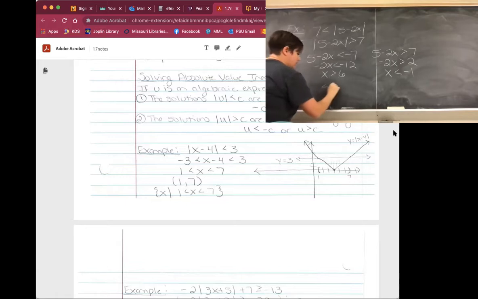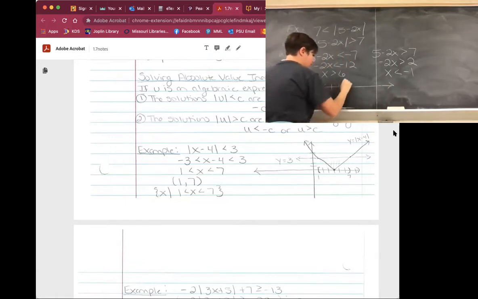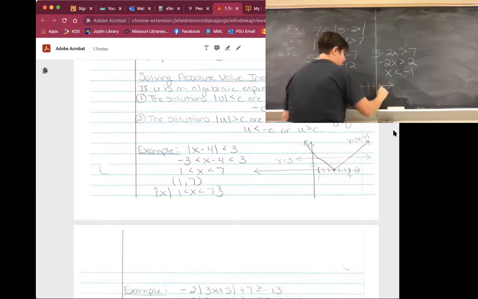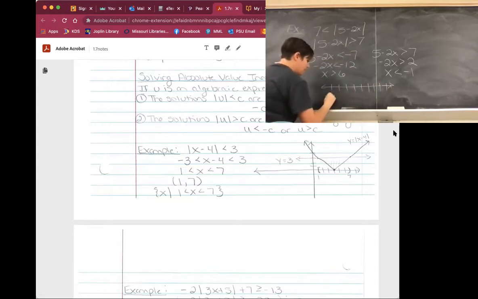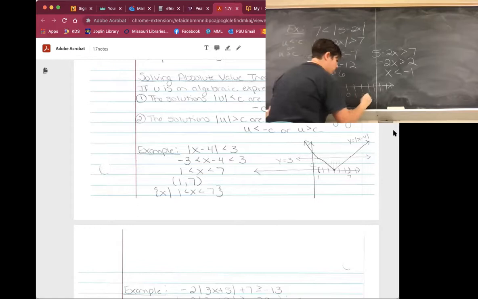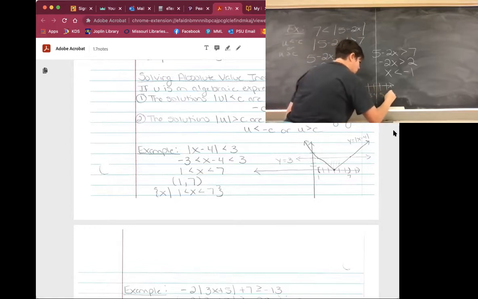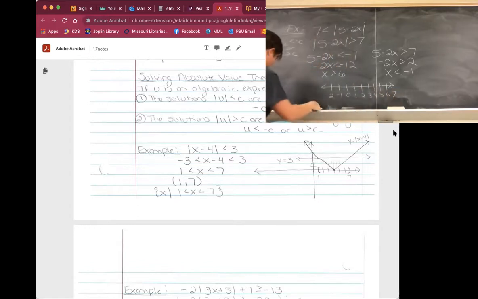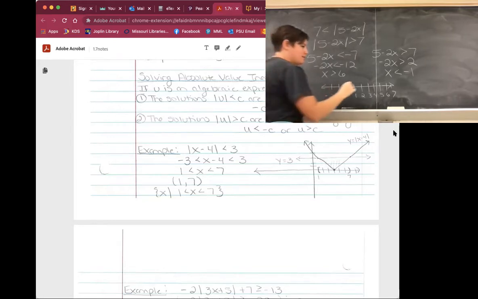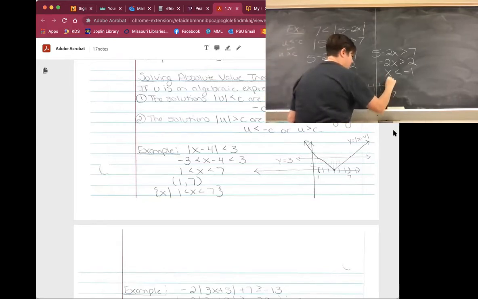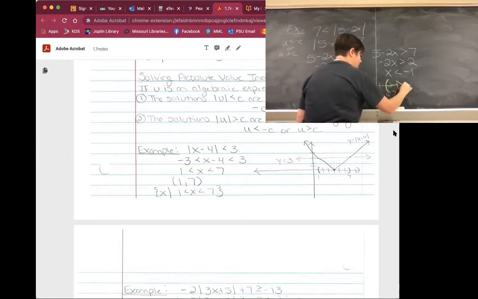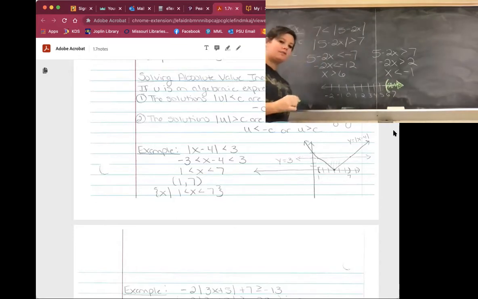So I want to show you this on the graph, just because we haven't really had one that does this. -2, -1, 0, 1, 2, 3, 4, 5, 6, 7. Okay. So we had x is greater than 6. So that means we have an open parenthesis, and x is going on for infinity, like that.